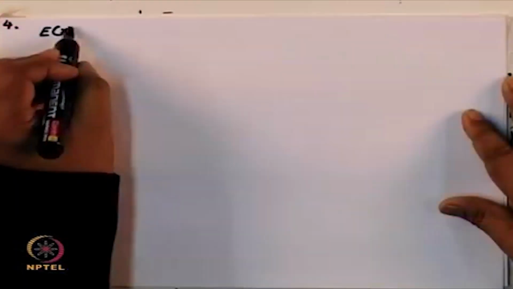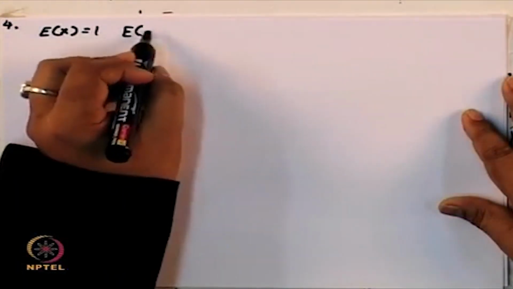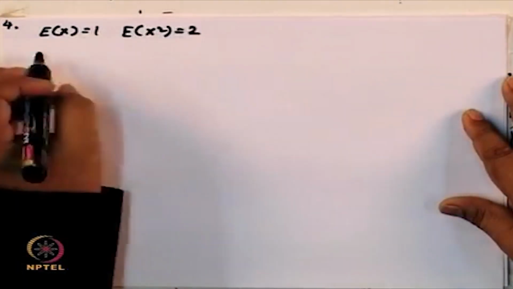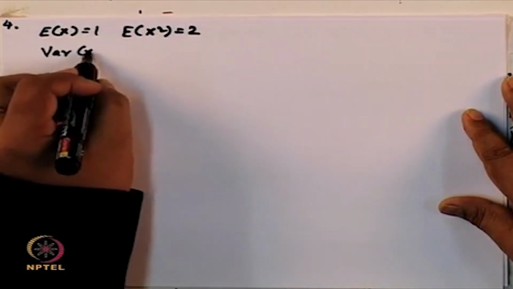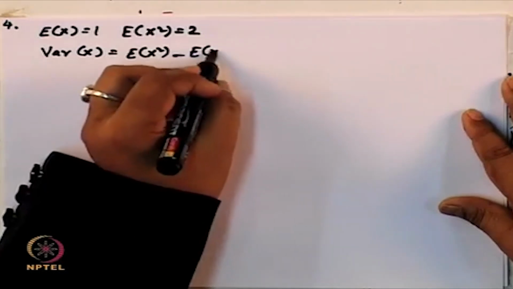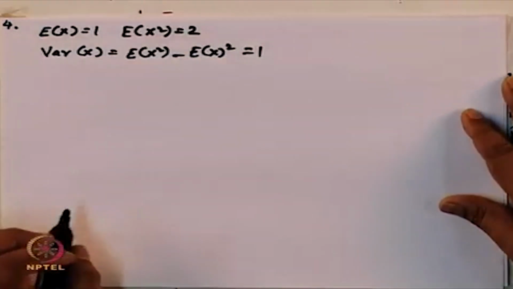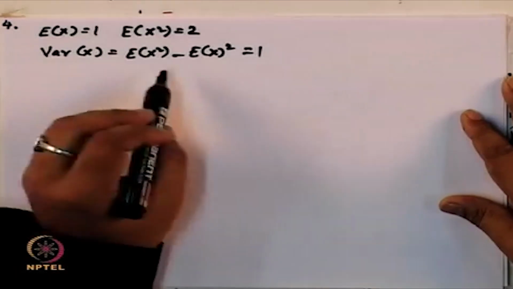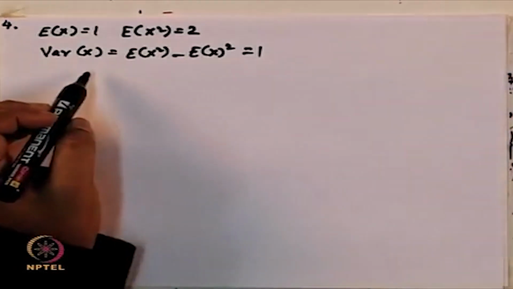I have calculated E of x equal to 1 and E of x square equal to 2. So, the variance of x is E of x square minus E of x whole square, which is nothing but 1. This is how you can make use of moment generating functions to calculate expectation and variance and so on.